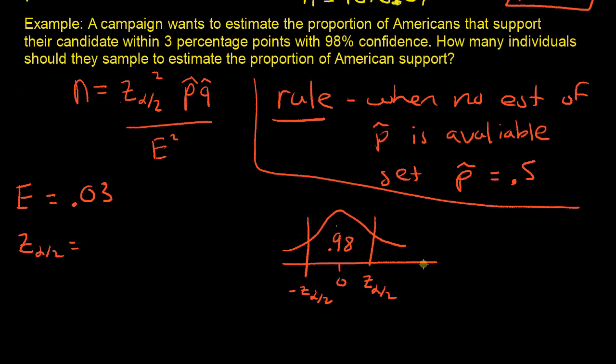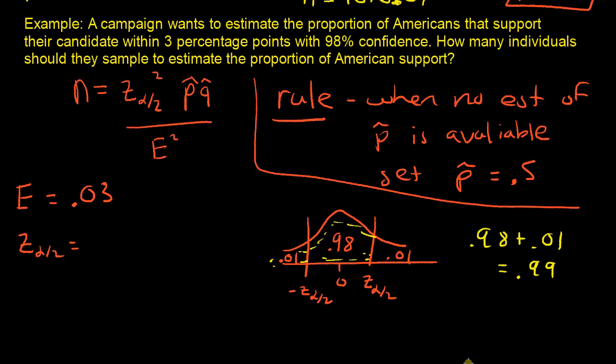Okay, so how much area do I have in each tail? I would have to have 0.01 in each tail, right, which is 0.02 divided by 2. Right, so the area that's behind this z value is all of this area. So that'd be 0.98 plus 0.01, which is 0.99.